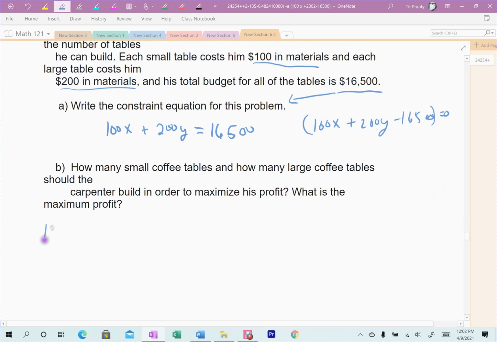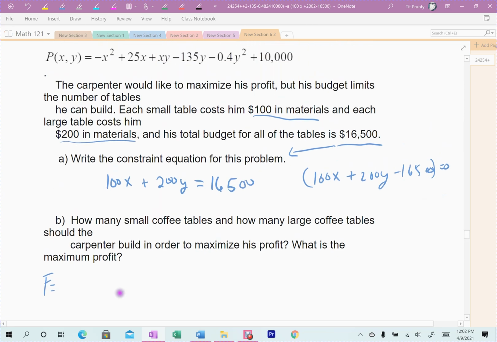Alright, so we set up our Lagrange equation in order to optimize, so we write the profit function first. So again, be careful when writing it out, not to make any errors.